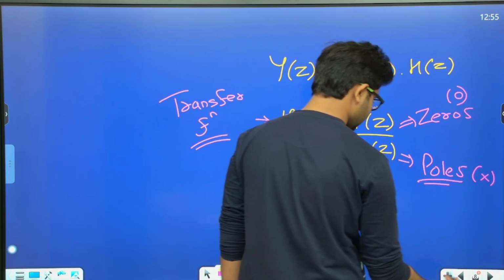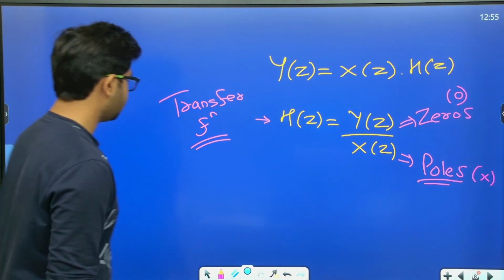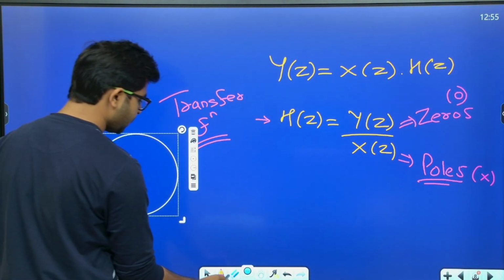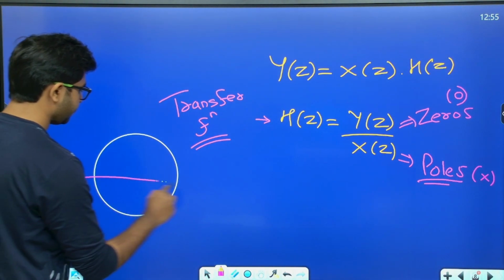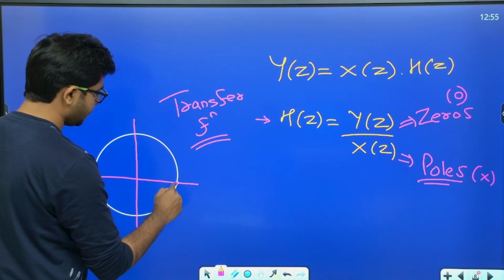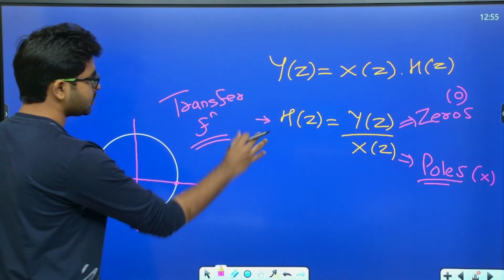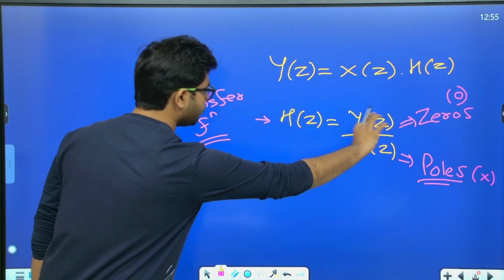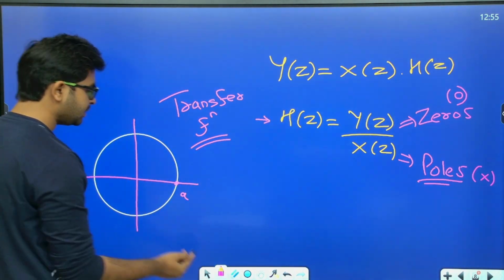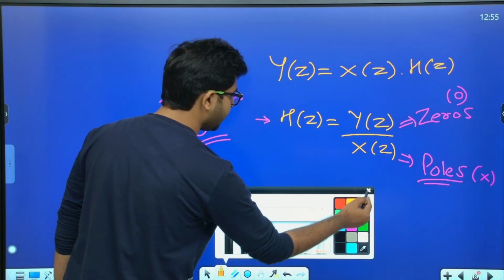Let us take an example. If I am having a simple circle here, and this is, let's say, A, and with some equation given, I got this kind of representation. With that, I can represent the zeros according to that equation.